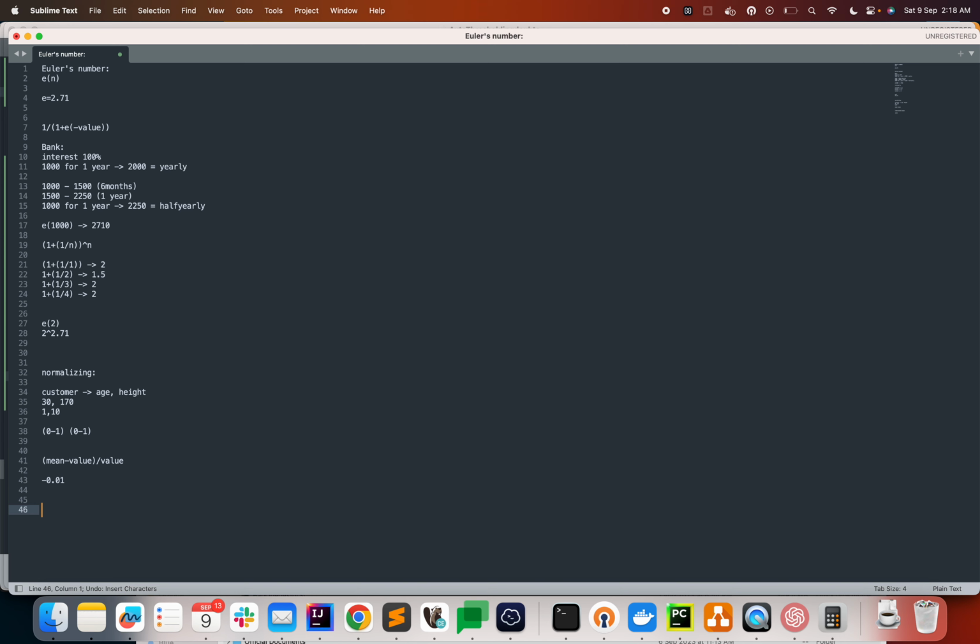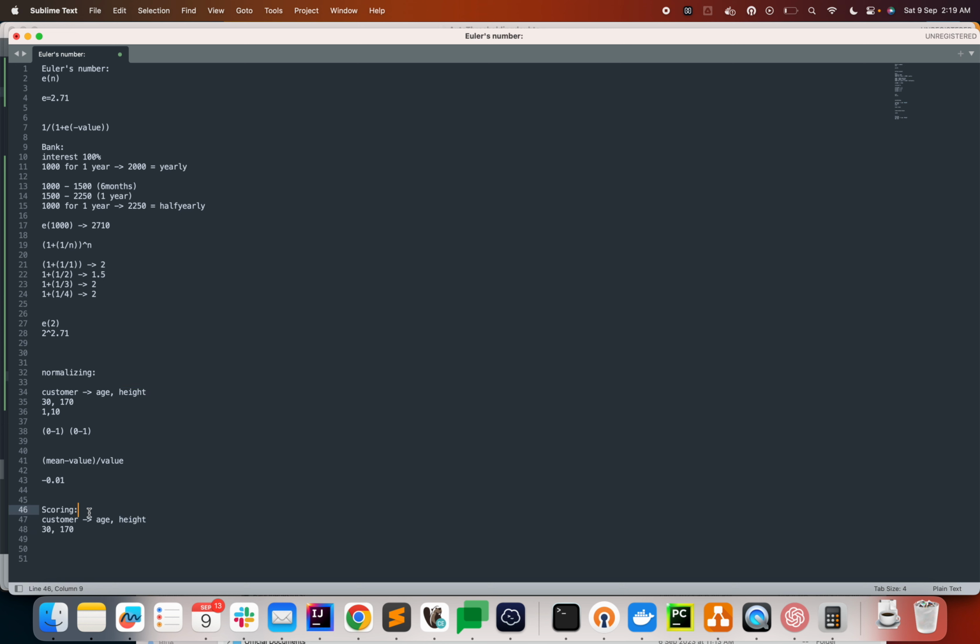So let's go through another topic, which is scoring. Let's say it's the same 30 and 70, but here the use case is a rule based scoring, where we want to alert customers who are above 60 years of age and whose height is above 180 centimeters.